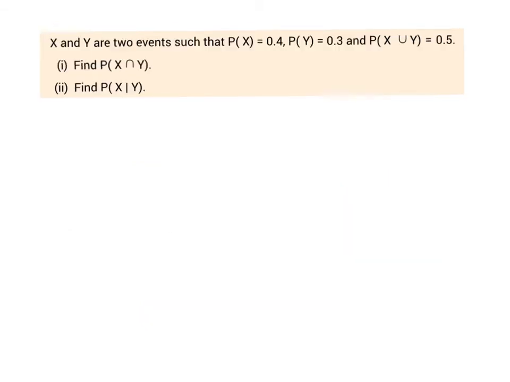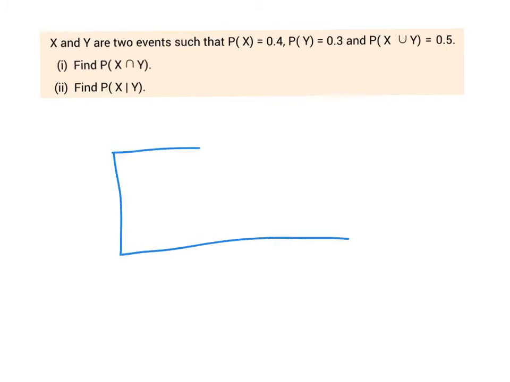Okay, so here we're given a question. We're told x and y are two events such that the probability of x is this, the probability of y is this, and we're told the probability of x union y. We're first asked to find the intersection. Well, this is just a general set issue really first.